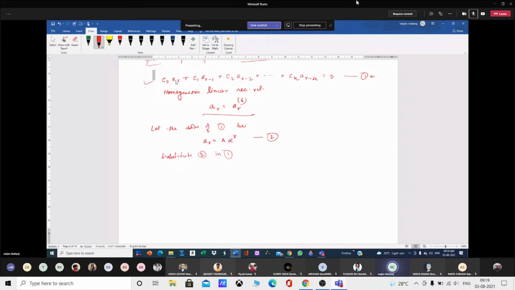So a_r becomes A alpha^r, this becomes C1 into A alpha^(r-1), and this becomes C2 into A alpha^(r-2).